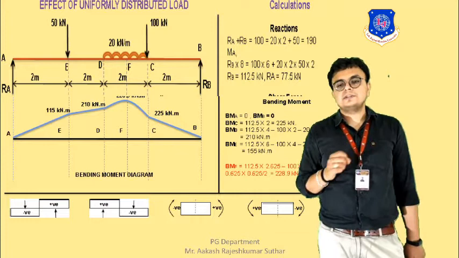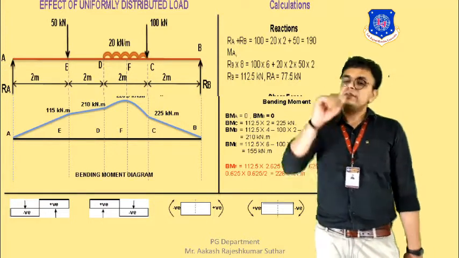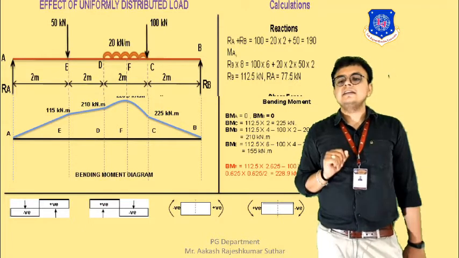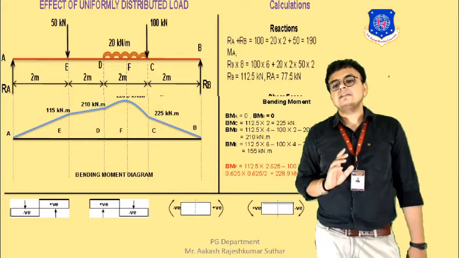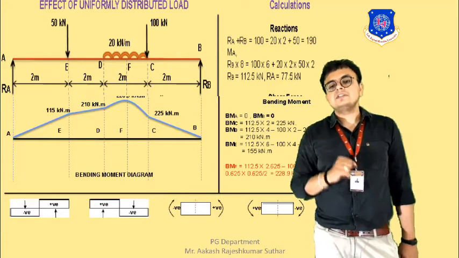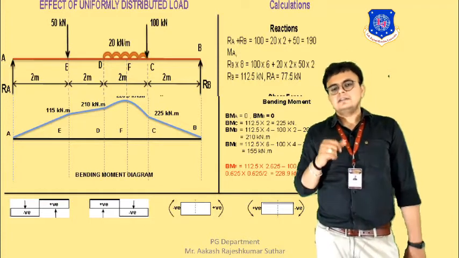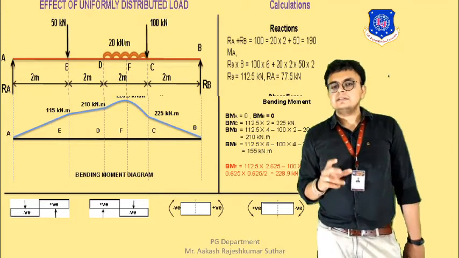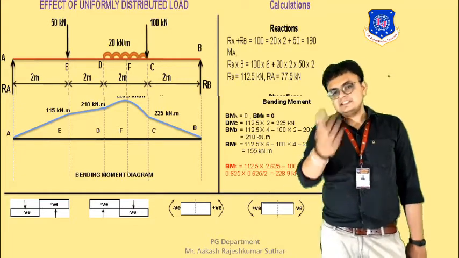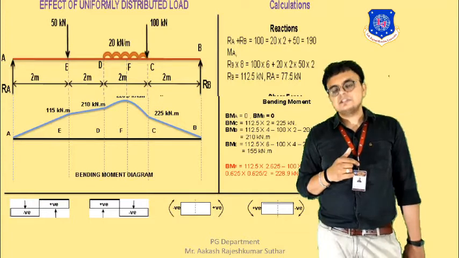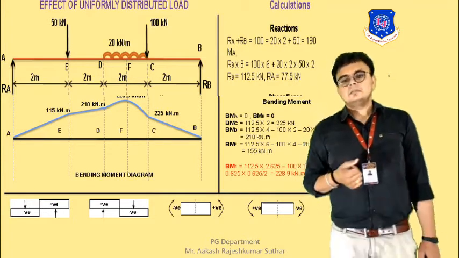So we have to subtract 100 into 2, and further we have the downward UDL, that is minus 20 into 2 into 2 by 2. So finally we are getting a bending moment of 210 kilonewton meter. And you can see that the maximum value is at F only, that is 228.9. It is at the point at which the shear force was 0. So ultimately the shear and bending moment diagrams will be okay.